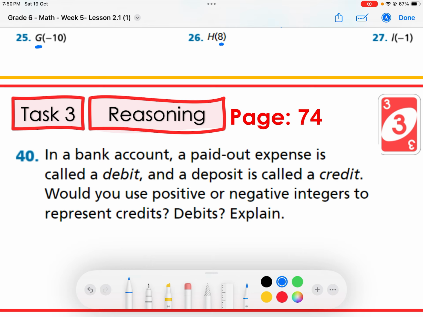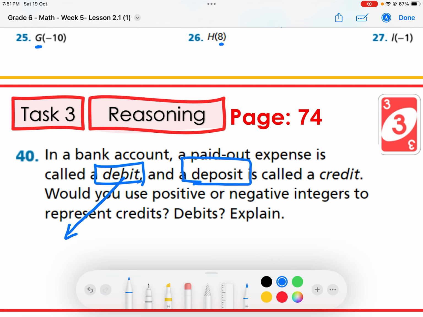So please, you need to focus on the keywords. You need to know what each keyword represents. Is it a positive or a negative integer? So here we have paid out expense is called a debt, and a deposit is called a credit. So you just need to tell which one is positive and which one is negative.